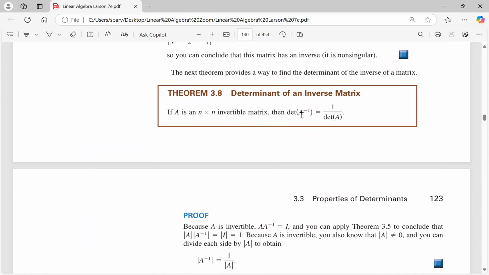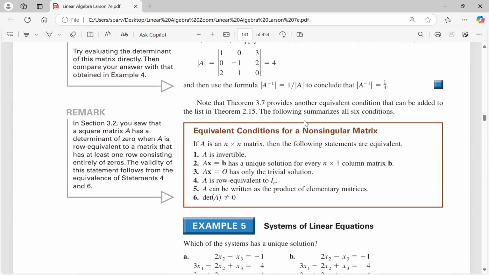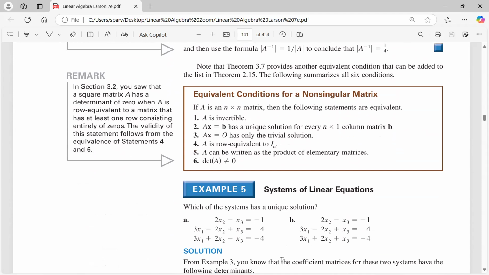What is the determinant of A inverse? You can find it by doing 1 over the determinant of A. That's another property of matrices and their determinants. And there you go, this is what I was talking about. Last week, we talked about these 5.